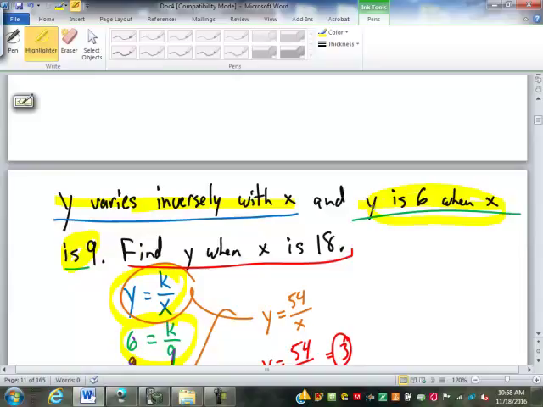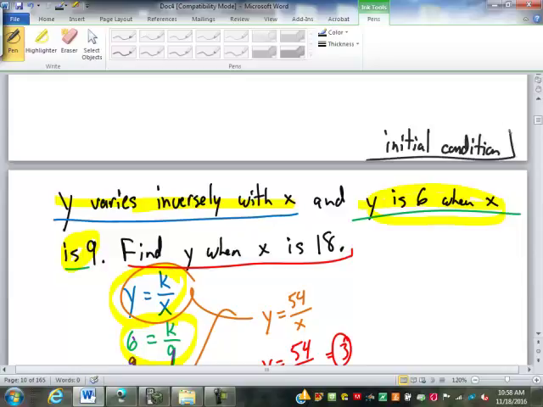So anytime you are given, the technical term for it is an initial condition. And all it is, it's one point, it's one situation that makes that relationship true, or one situation that's described by that relationship.